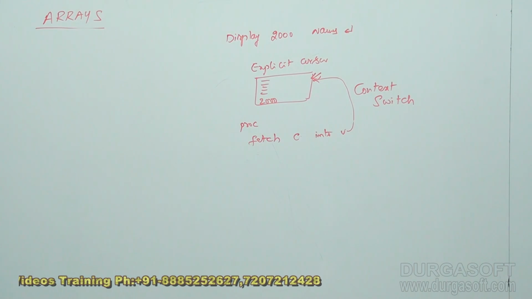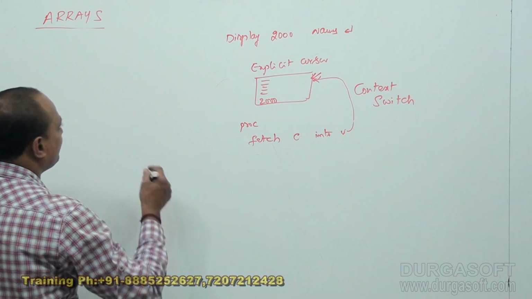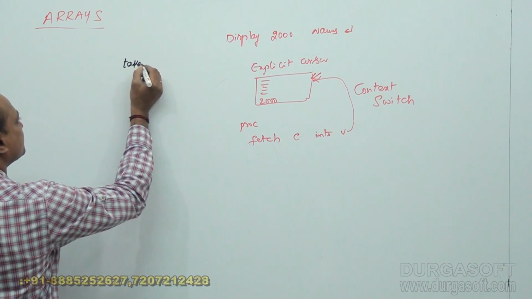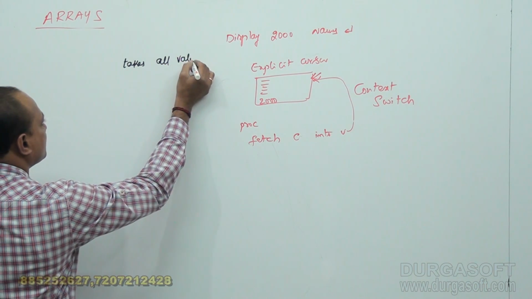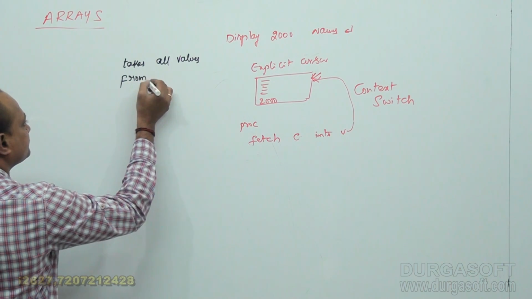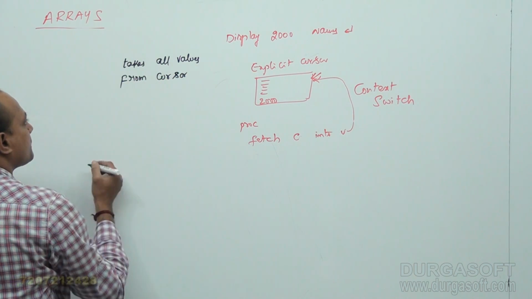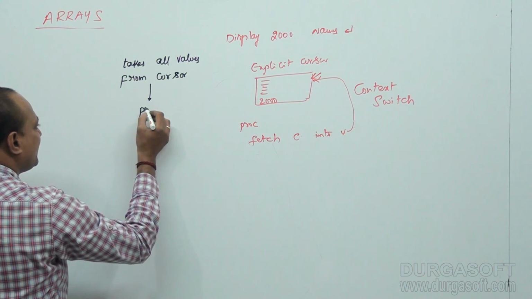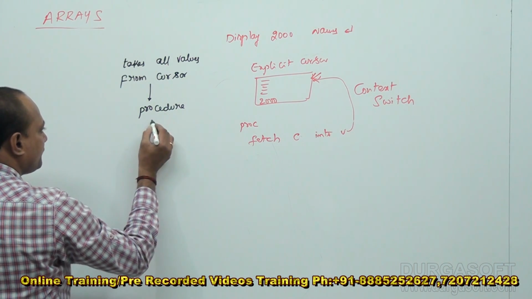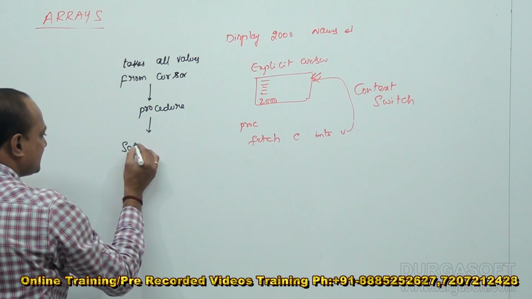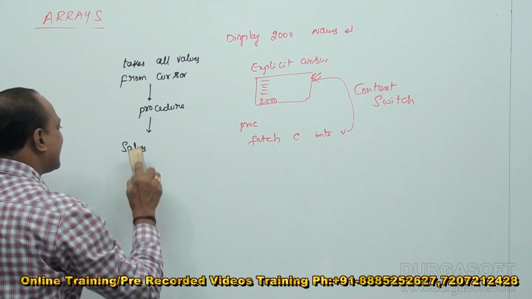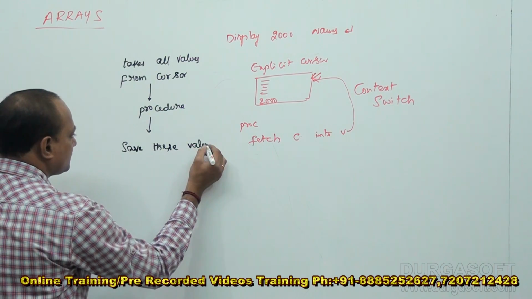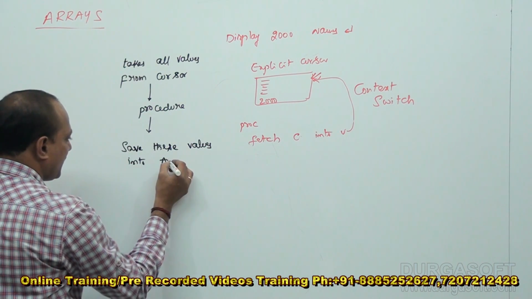Bulk collect takes all values from the cursor area, comes into the procedure or program, and in this procedure saves the values into an array type variable.